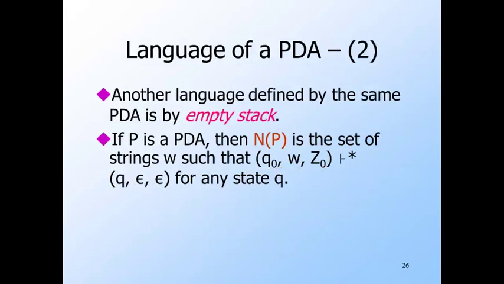I don't care. However, there is another way to define the language of a PDA, and this approach turns out to be rather useful, especially when we show how to convert PDAs to grammars and vice versa.